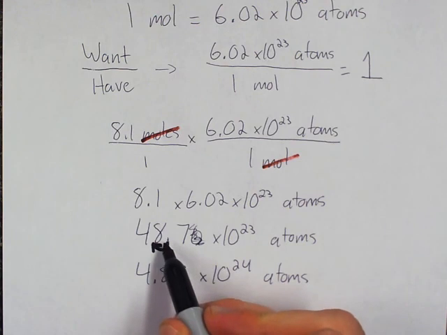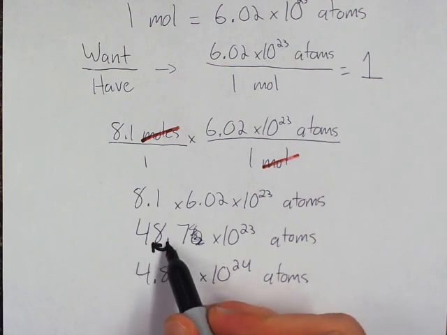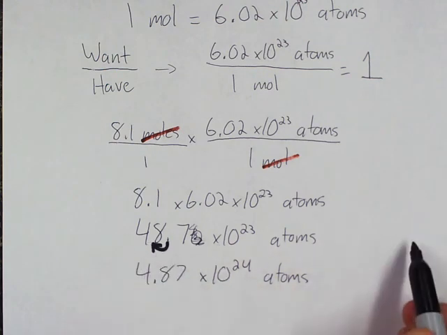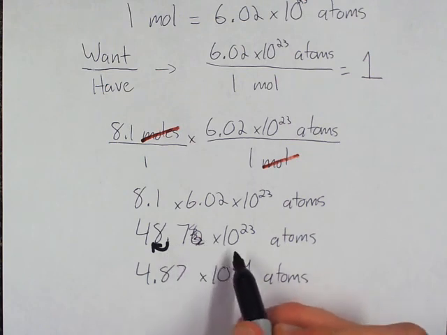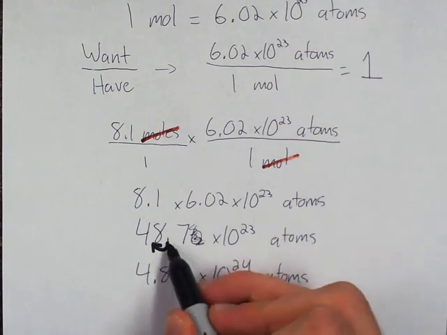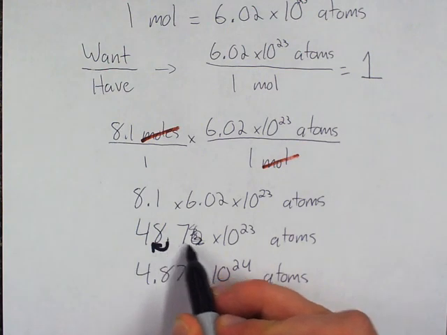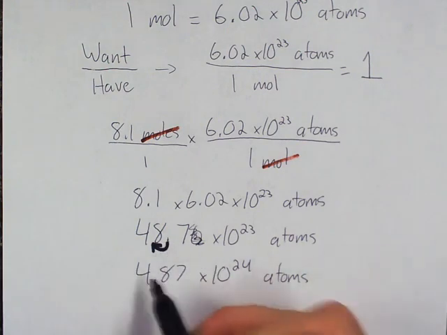It becomes 10 to the 24 because as we move our decimal to the left, we have more distance. We add one more space that it has to go to get back to its original form. Remember, this 4.876 times 10 to the 23, when its decimal was right here, its true place was 23 decimal spots all over to the right.